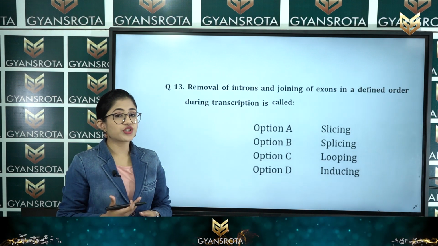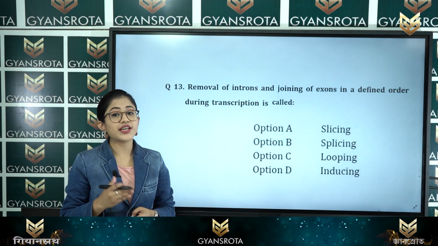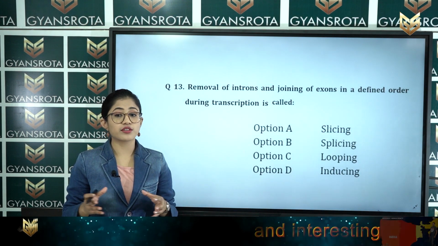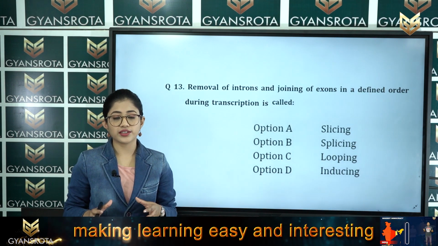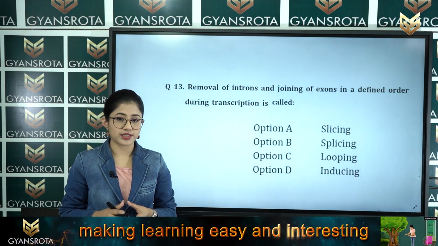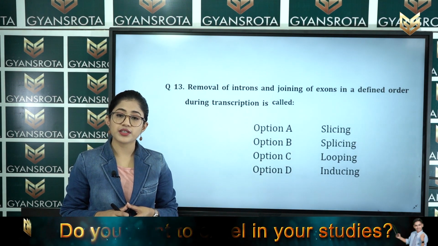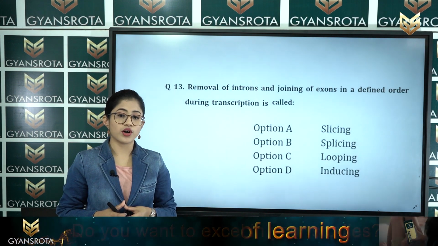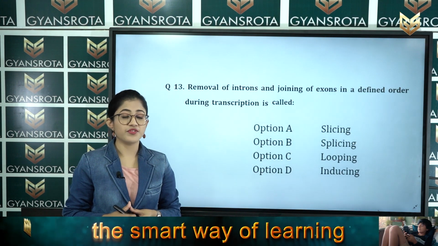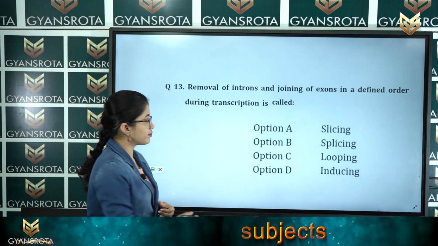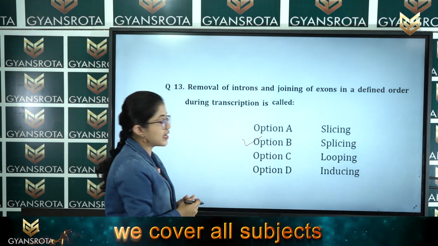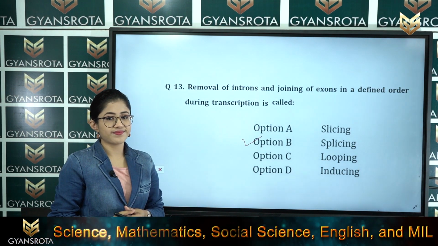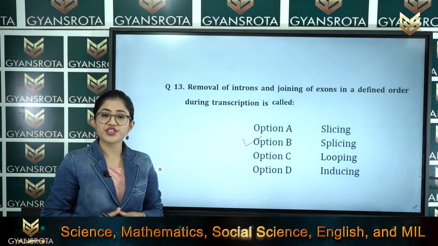Student, in this question it has asked the removal of introns and the joining of exons in a defined order during transcription, that we have discussed in the chapter Molecular Basis of Inheritance. That process is called splicing, which means option number B is the correct answer. Now let's move on to the next question.